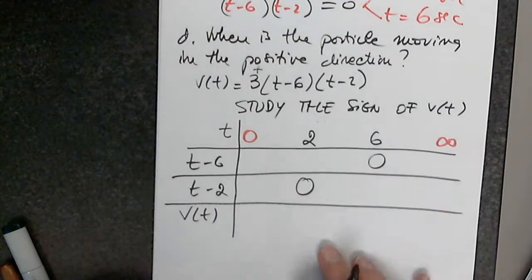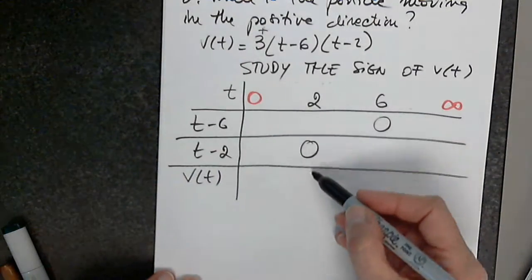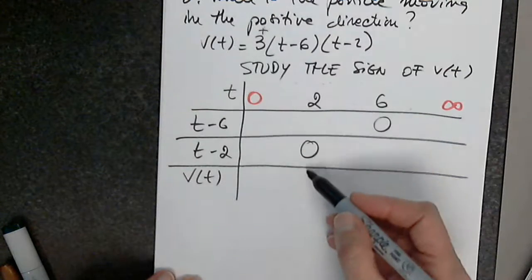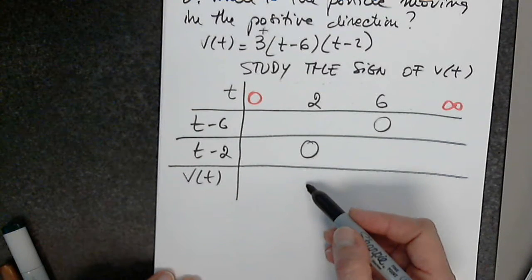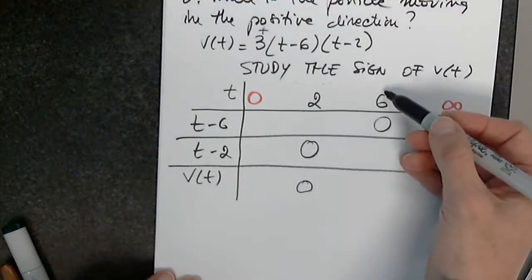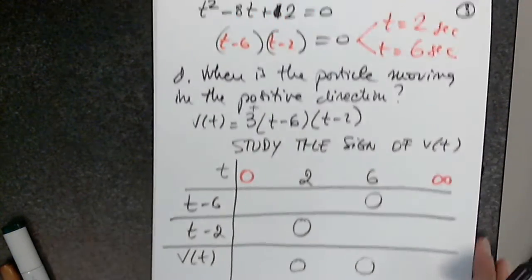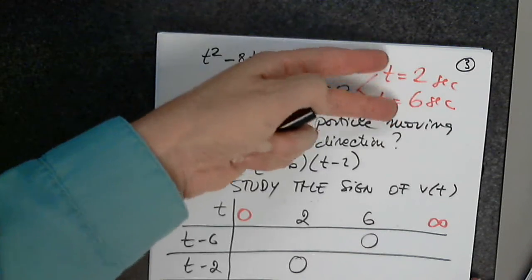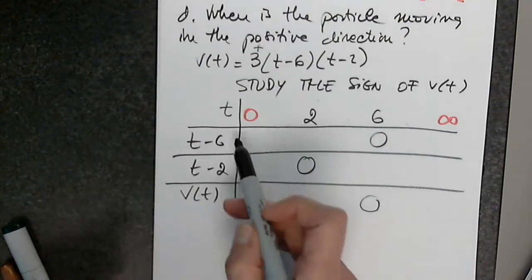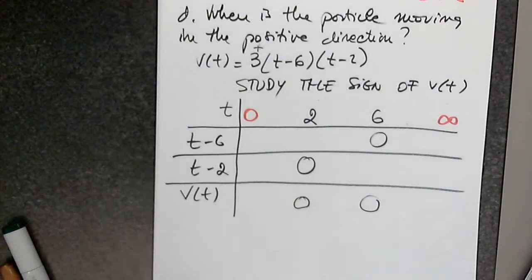Good. Now, what is the velocity when t is 0? I'm sorry, when t is 2? Of course. What is the velocity when t is 6? Of course. We just determined them right here. Good. What is the sign of this t minus 6? It's a straight line, right? T minus 6 is a linear function.